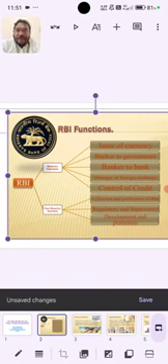The non-monetary functions are collection and publication of data, second, regulatory and supervisory functions, and third, development and promotion functions. These are all the major functions played by the RBI, Reserve Bank of India.